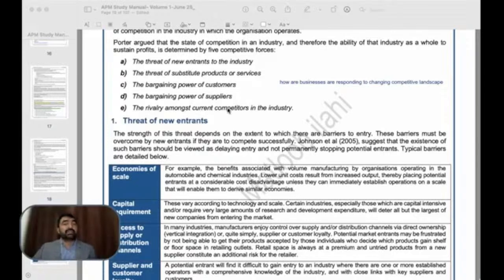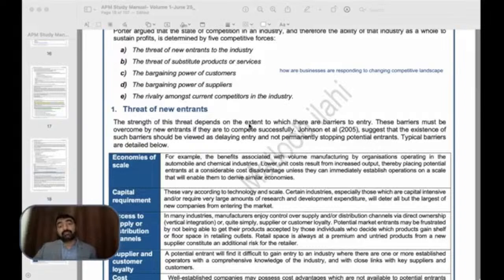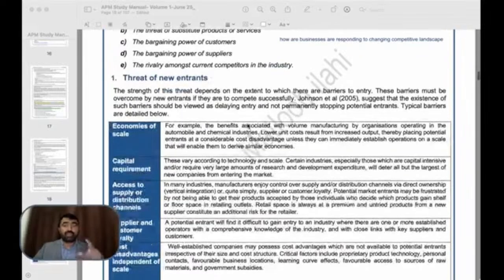Then there is the bargaining power of suppliers. Sometimes suppliers can also be in a strong position to bargain with their customers, especially when suppliers are large. And the fifth force is the rivalry among current competitors in the industry. So we can quickly go through them. First of all, the threat of new entrants.